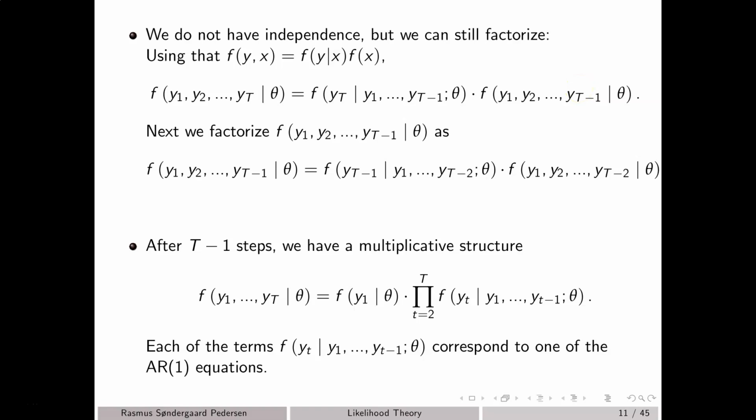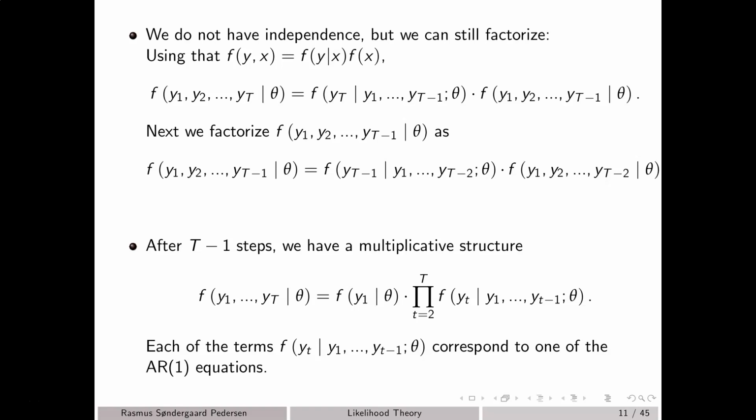We can then factorize this second factor into a conditional density and a joint density. Namely, we can state that the joint density of y1 up to y capital T minus 1 is simply the conditional density of y capital T minus 1 times the joint density of the observations until time capital T minus 2.